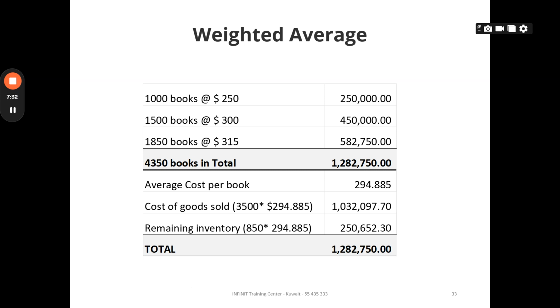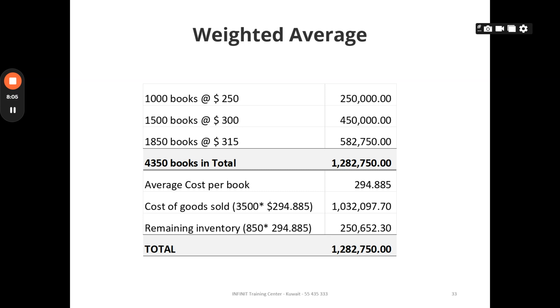And the main difference between weighted average and FIFO is that FIFO will be considering layers of cost when it has to calculate cost of goods sold, but weighted average will just add all the cost and divide that by the total number of units, whether you purchased this month, last year, whenever it is.